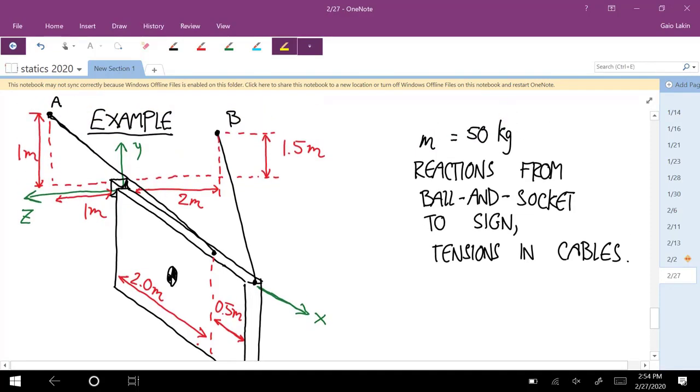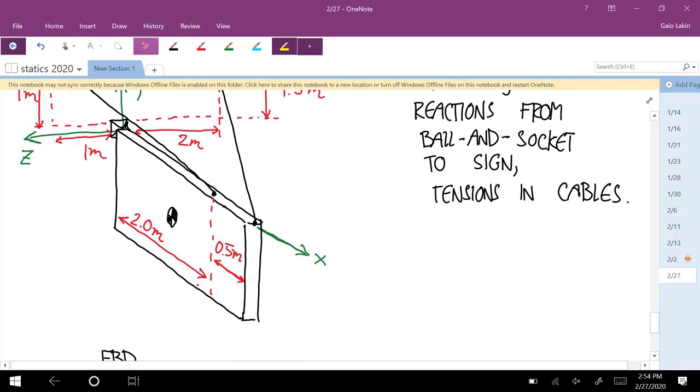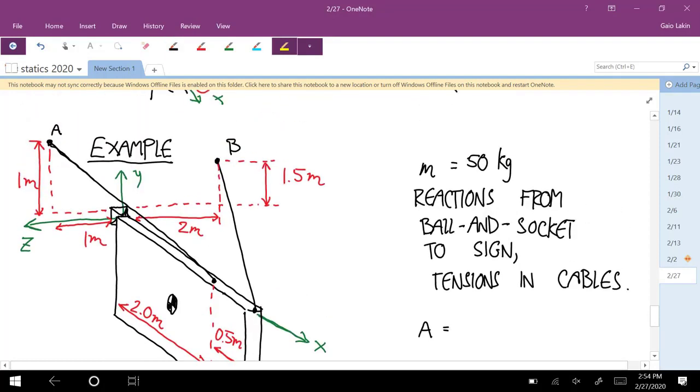What about A? How do you get to that point A? Yeah, so x is 0, yep. y is positive 1, and z is positive 1. You see that? So that point A, the coordinates are 0, 1, 1.